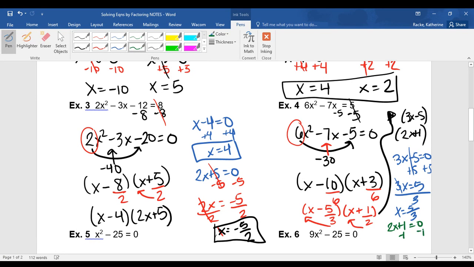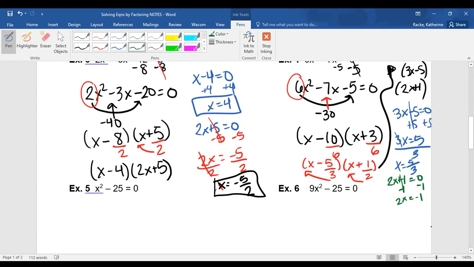Subtract 1 from both sides. Cancels out there. I get 2x equals negative 1. Okay, divide by 2. X equals negative 1/2. So x equals negative 1/2 and x equals 5/3 are our two answers.